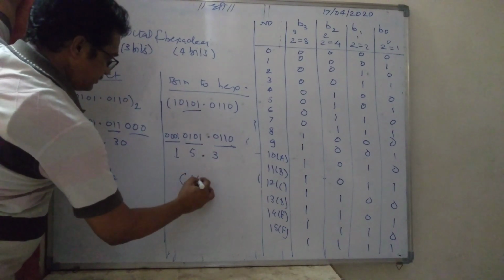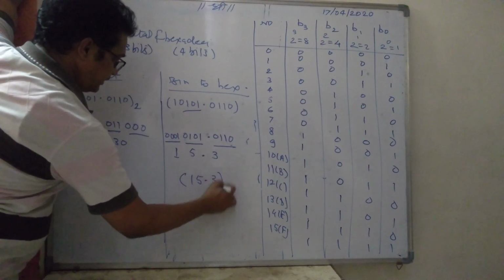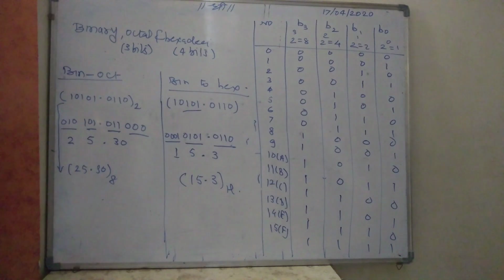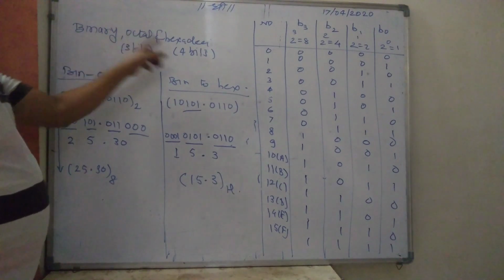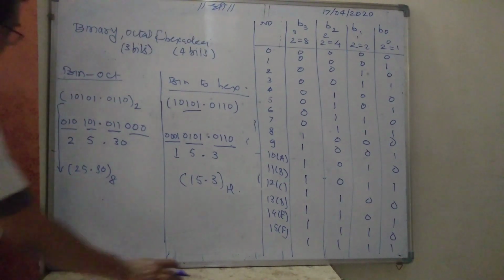So that is 15.3H. Right? So this is binary to octal and binary to hexadecimal. Okay.